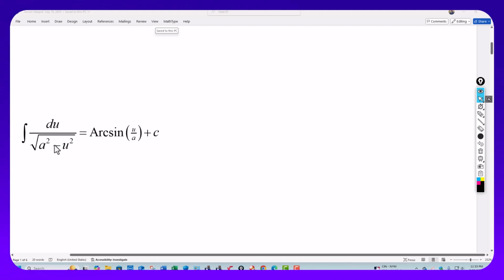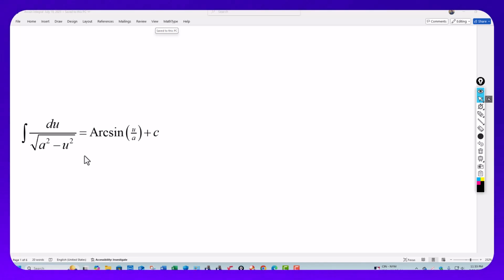If we can get it in this form, du over the square root of a squared minus u squared, where u is some expression and a squared is a constant, then the value of that integral will be the arcsin of u over a plus the constant of integration. We've used this formula before.